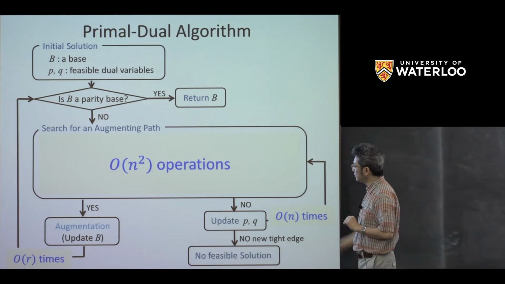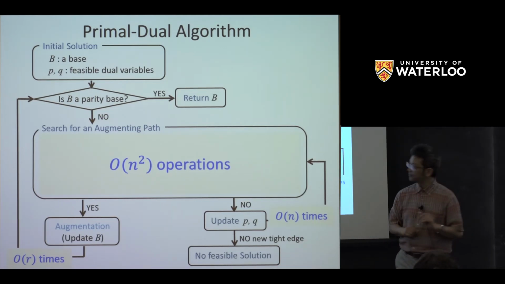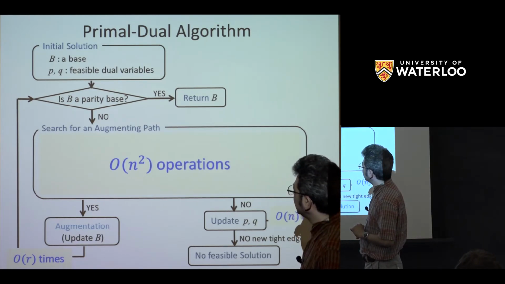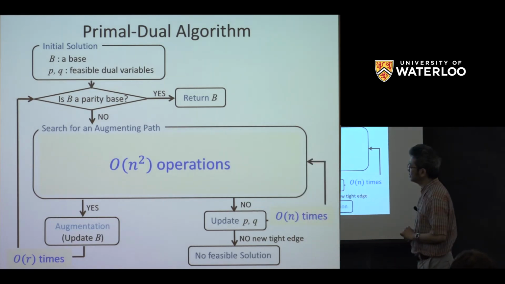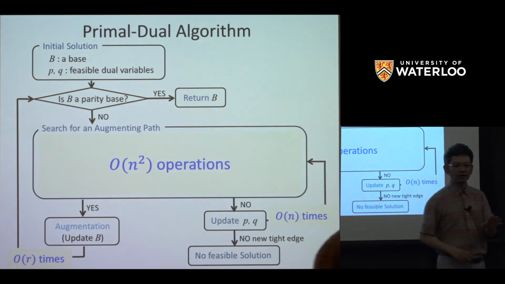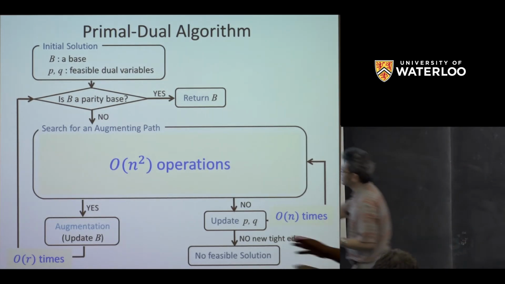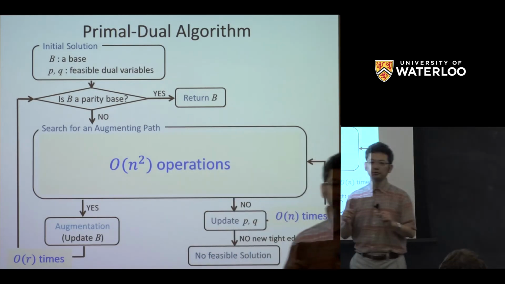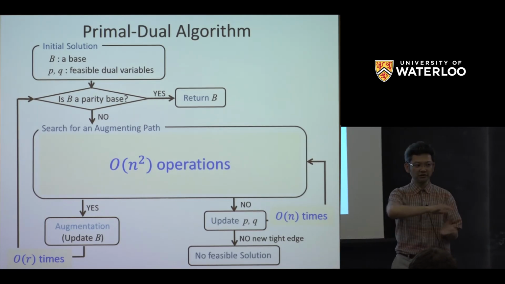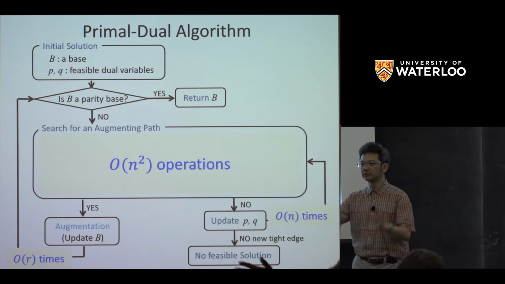So we obtain an overall O(n cubed) algorithm. Technically, the most difficult part is that after this augmentation, I have to certify, I have to guarantee, that this augmentation keeps these dual variables feasible. Because this augmentation changes the basis, so it will change these auxiliary graphs drastically.